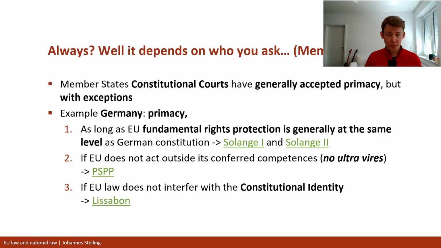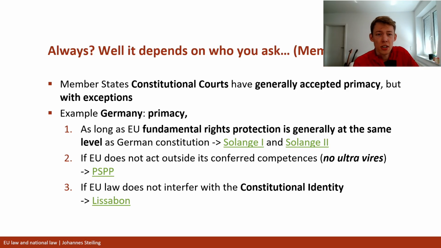All right. The second thing they said, and this actually makes some sense, I'm not here to judge, I'm just trying to show: they said, well, we only accept primacy if the EU does not act outside its conferred competences, the competences conferred to the EU in the treaties.